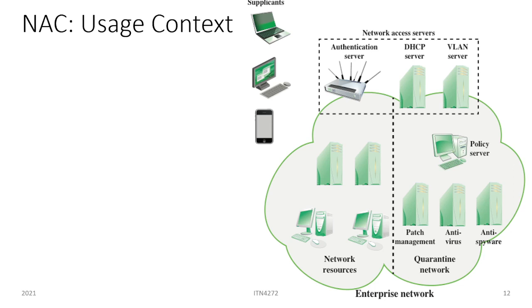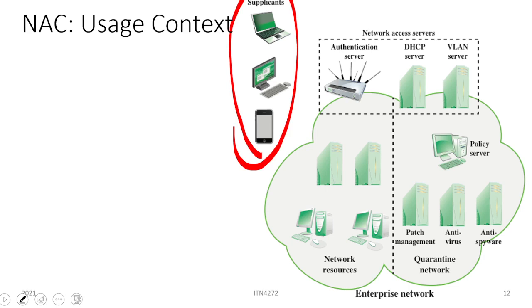So if we think about how network access control is going to be used in a network environment, we can see that through this example. What we have here is some client devices that want to connect into our network.